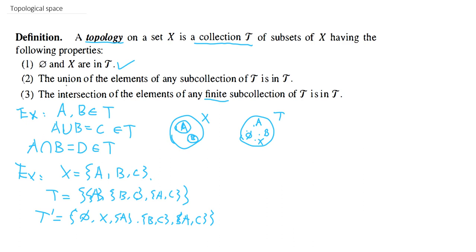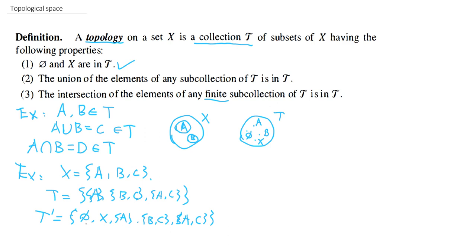Then how about the second one? In order to satisfy the second property, we need to determine if we can do the union operation and get a result that is also an element of T prime. For example, if we do the union of the empty set and X, the union will be X. Then X is in T prime, so this is right.